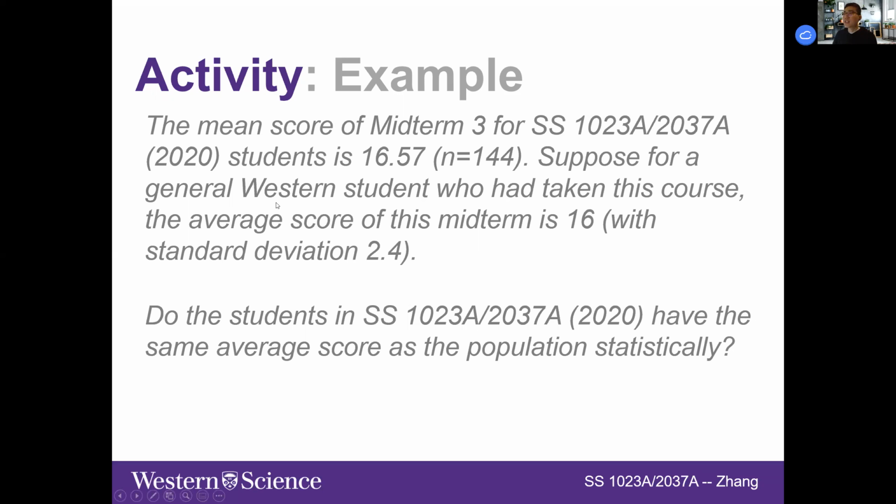The question is, remember in the first slide, the mean score of midterm 3 is around 16.57.